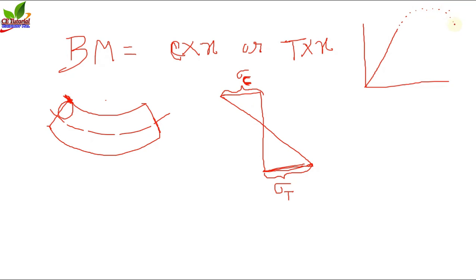That's why this is the dotted portion. Now we are considering only the elastic limit. This is the stress strain curve for concrete.